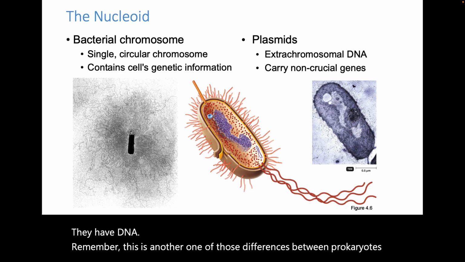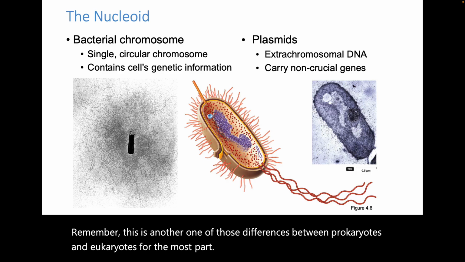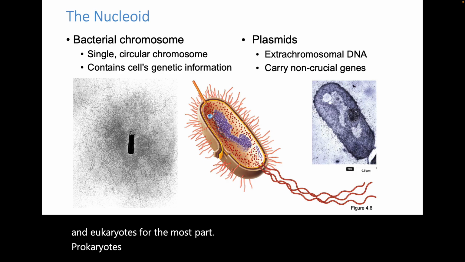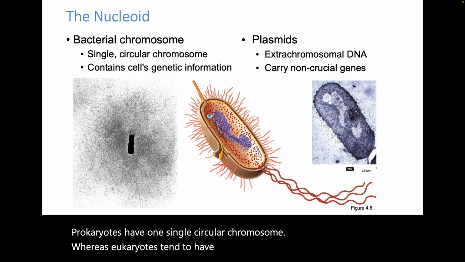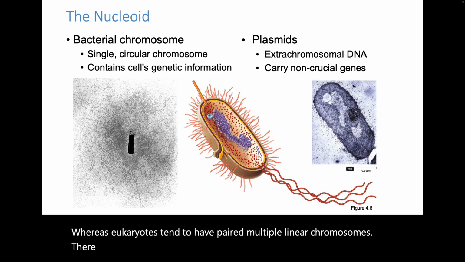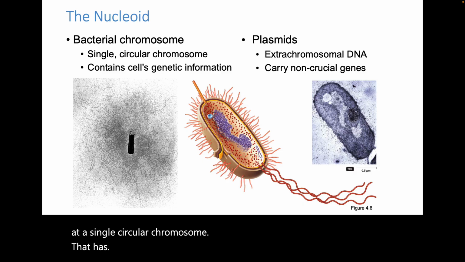For the most part, prokaryotes have one single circular chromosome, whereas eukaryotes tend to have paired multiple linear chromosomes. There are some bacterial exceptions, but for the most part, you're looking at a single circular chromosome that has the genes necessary for the cell to live.